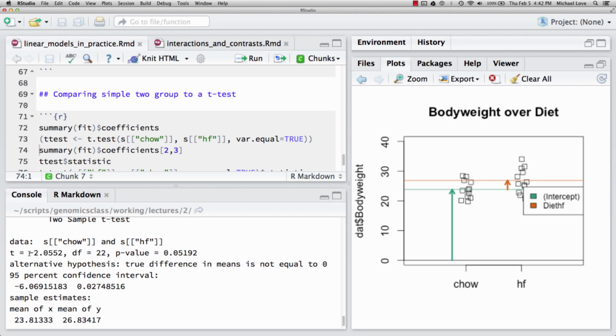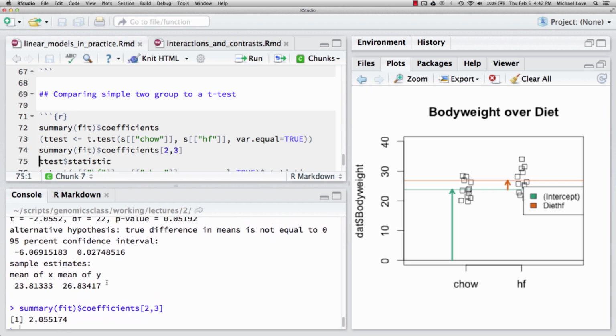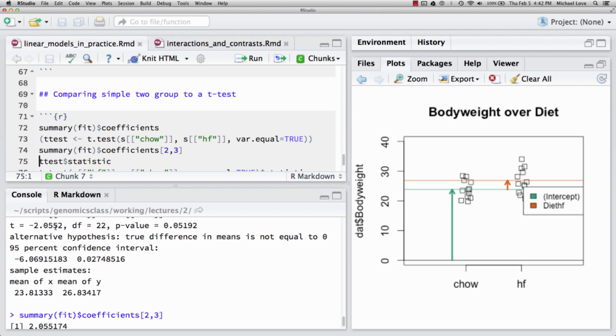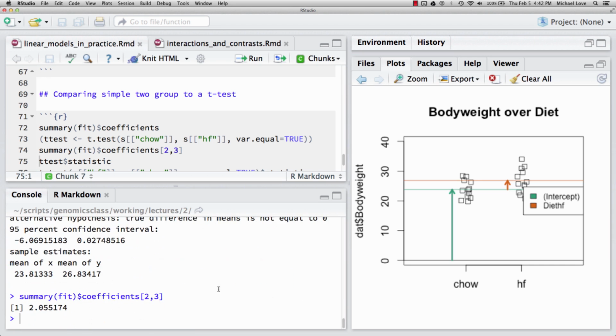So we have a t value of minus 2.052, and if we look closely again at the value in the t column for the coefficients, it was 2.055 also. So the only difference between these numbers is the sign. So here we had a minus and here we have a plus, and this is the value here that I just pulled out.